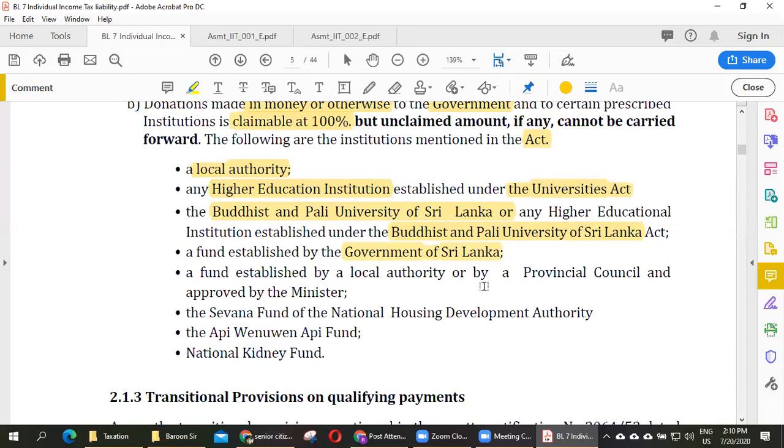At present, many people have made donations. At present, the COVID-19 fund, yes. And any other fund examples? President's fund, right? So there are a lot of funds. If you want, we can take some examples.